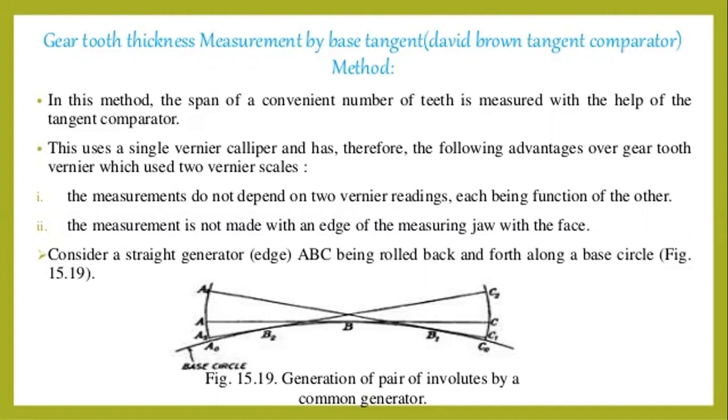So in this method, the span of a convenient number of teeth is measured with the help of the tangent comparator, that is the David Brown tangent comparator.